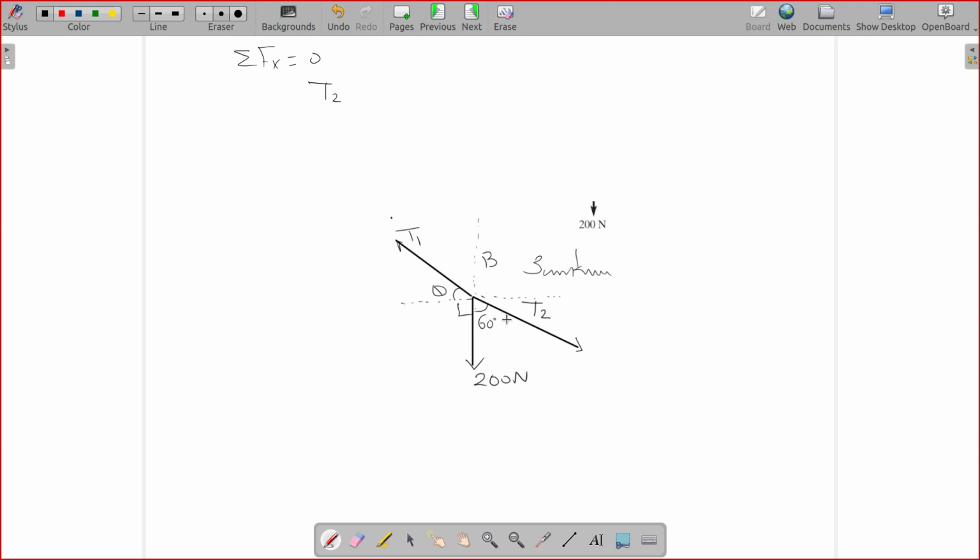T2 sin 60, since the cos component is acting downwards and this is towards right, minus T1 cos theta is equal to 0.